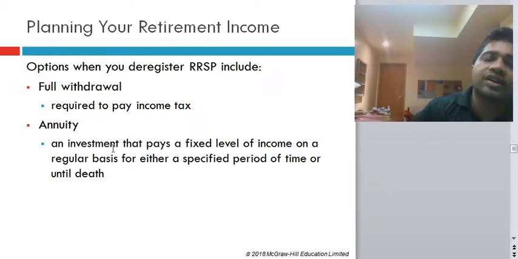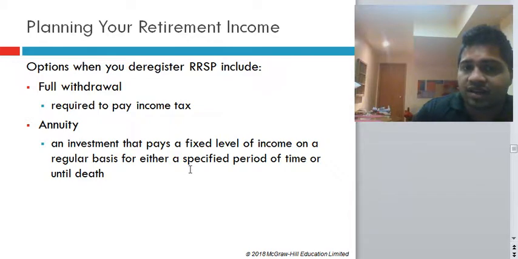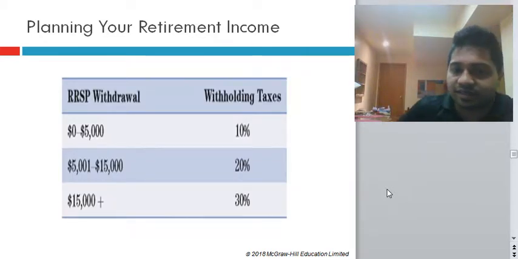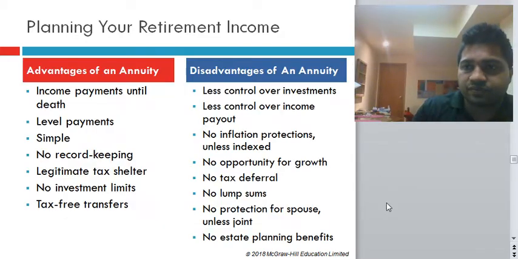Or I can convert it to an annuity, so it keeps on paying me monthly or bi-weekly, whatever I want. An annuity is an investment that pays a fixed level of income on a regular basis for either a specified period of time or until death. Taxes are very high if you withdraw.